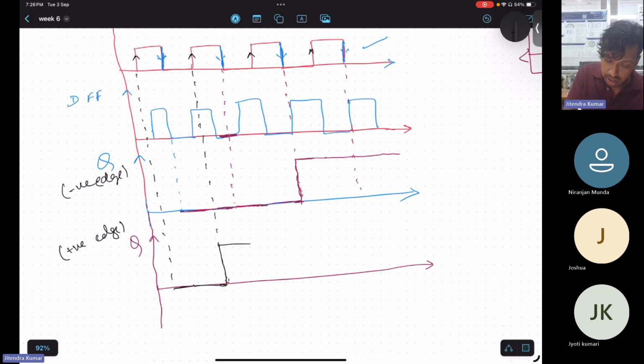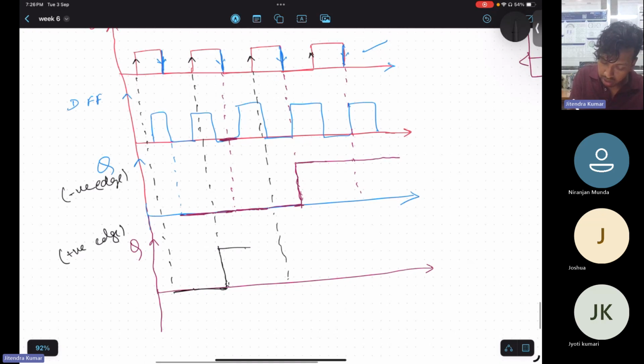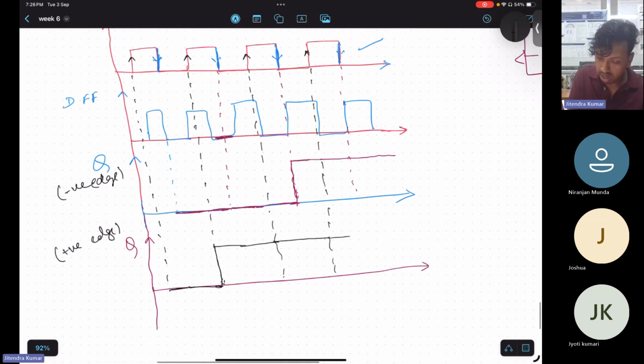Okay, till the next positive edge. Again here, the value of D is 1, it will keep maintaining 1 till the next positive. Again here, the value of D at this instant is 1, it will keep maintaining 1 till the next positive clock. Okay, so this waveform of positive edge will be something like this and negative edge will be something like this. Okay, I hope it is clear.